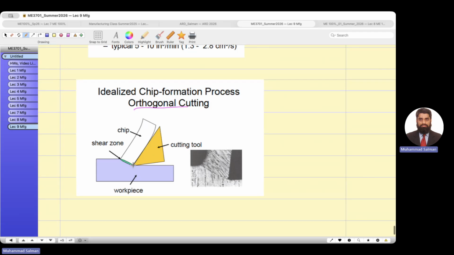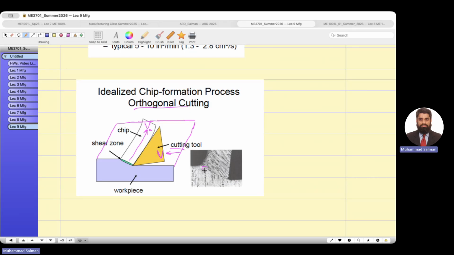As I mentioned earlier, this is the tool piece, the cutting tool. I suppose this is a large piece here. The tool is advancing here, and the chip is going up, VC, and this is the cutting velocity. The cutting tool moves up.